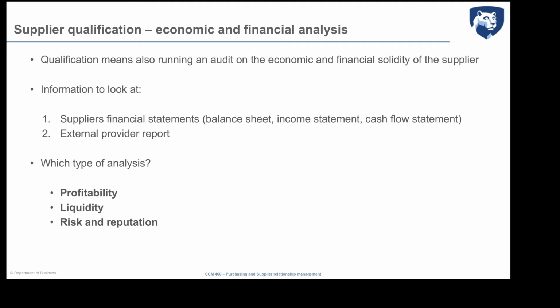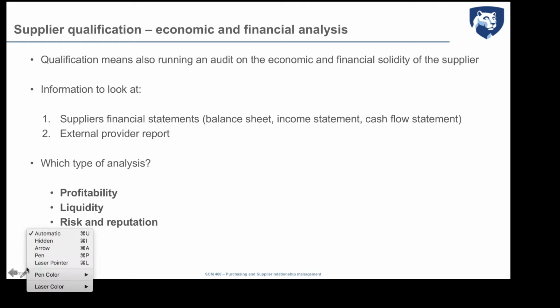because to make a risk and reputation analysis you then need an external assessor. But you can do the analysis by yourself, by taking the supplier's financial statements, so the balance sheet, the income statement, the cash flow statement, and evaluate its financial and economic stability from these documents, or you can rely on an external provider who is able to provide a report where generally all three analyses are provided, including the risk and reputation assessment.